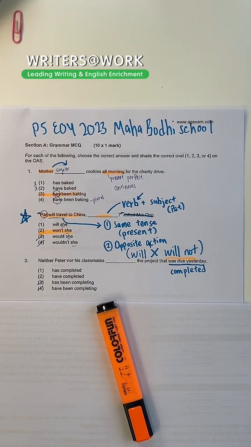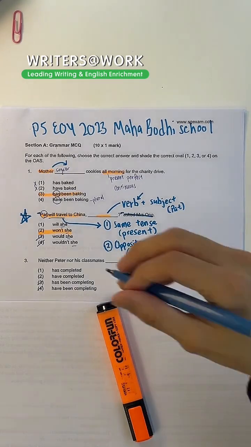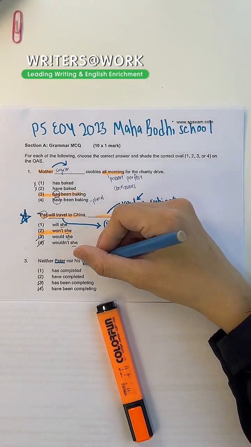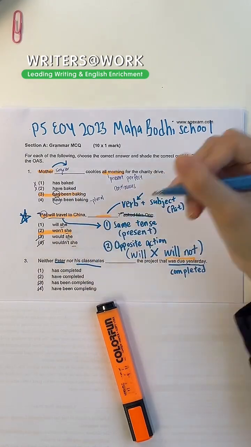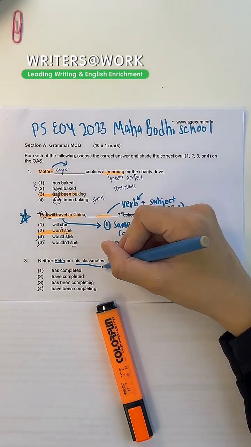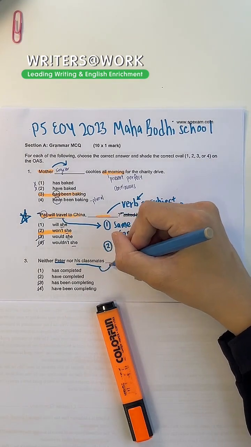Now, do we use has or do we use have? We use has if you're referring to Peter. We use have, plural, if you're referring to his classmates over here. In this case here, which one should take precedence? For this question, you have to follow the proximity rule, whichever is nearest.